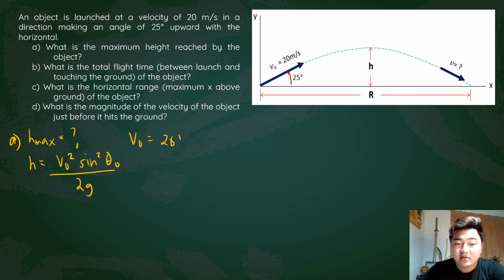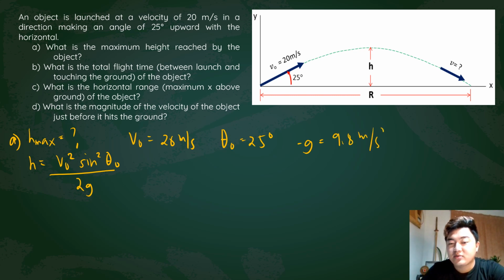With this equation, you can just substitute your known variables because you already know your initial velocity, which is 20 meters per second, your angle of launch, which is 25 degrees, and of course, your g here. Remember, in our derived equations, your g already factored in the negative. So that's 9.8 meters per second squared.